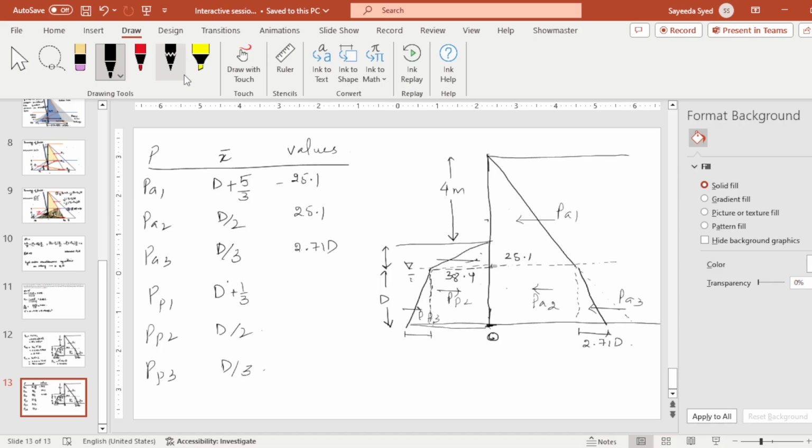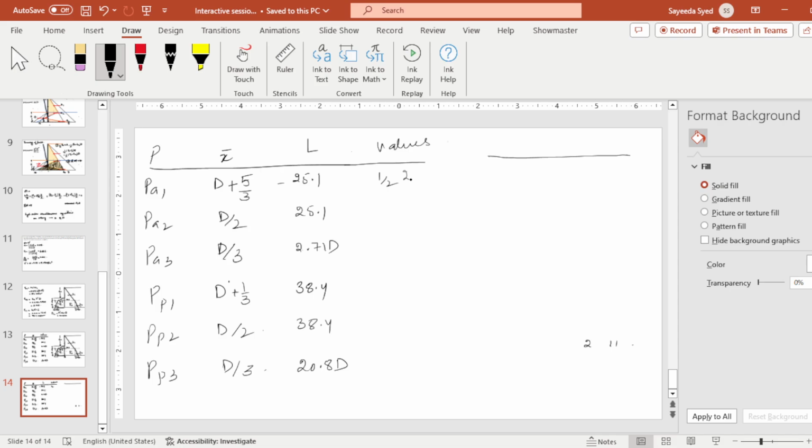let's write the length. Values will be half of 25.1 into 5, this will be 25.1 into D plus 1.